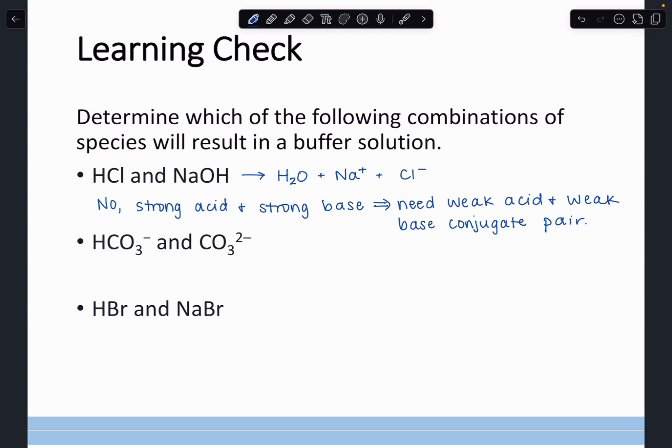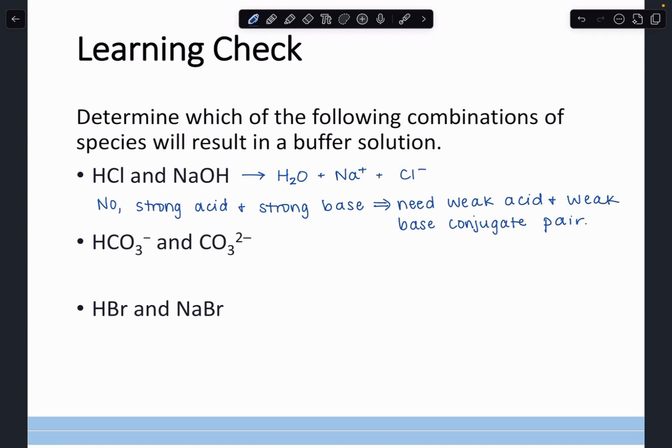How about HCO3 minus and CO3 2-? Well, these two ions differ by one H plus. One has the H plus, one doesn't. They are conjugates of each other, and neither one is a strong acid or strong base.